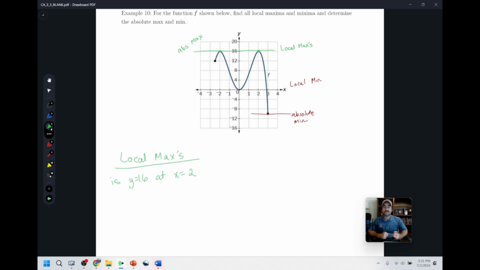That's a pretty common way to see this, is they say, what is the local max and where is it? And it also is y equals 16 at x equals -2. All right, what about local mins? Well, there's only one on this one. The local min is y equals 0, and it occurs at x equals 0.